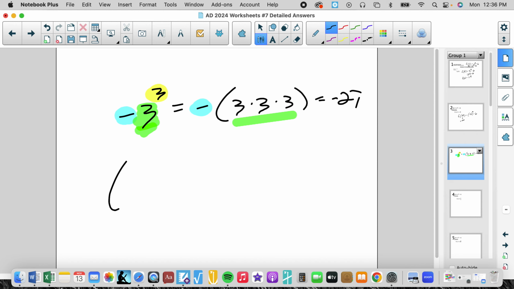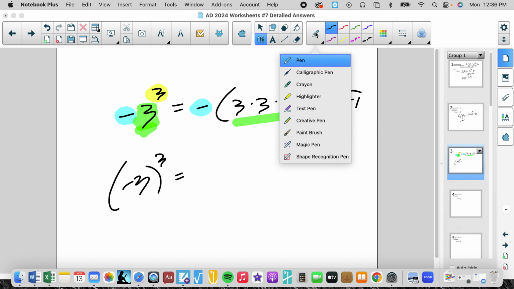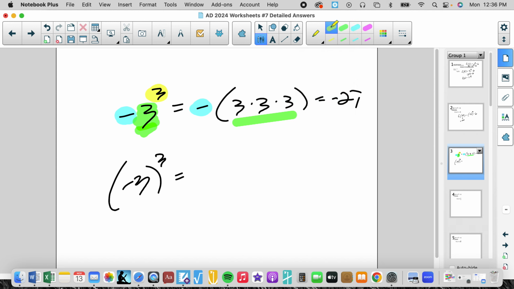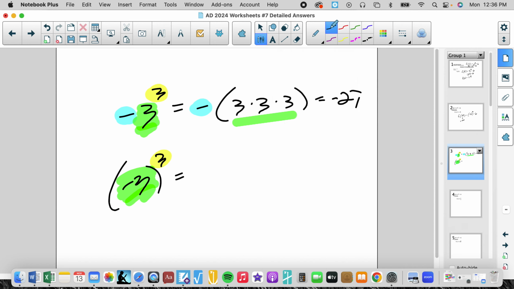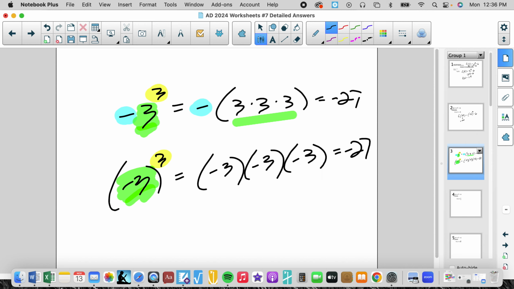But if we have (-3) to the third, that's a completely different calculation. It may give you the same answer. 3 is still our exponent, but this time our base is -3. So the negative is included because we see it in this manner. So it's -3 times -3 times -3, which is -27 still, but a different way of getting it.